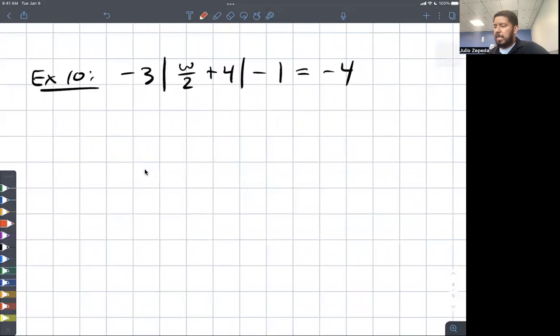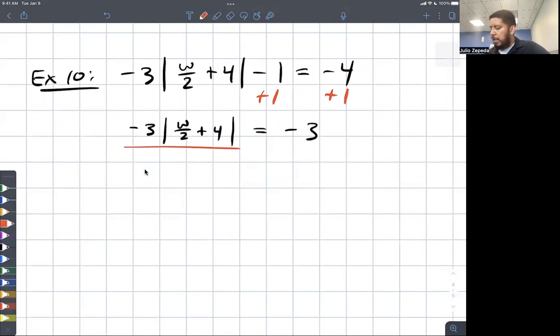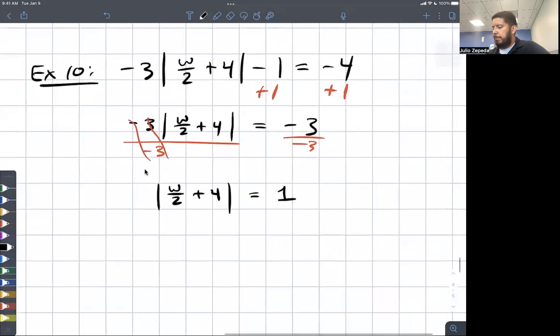Everything that's outside of the absolute value, let's get it all on the other side of the equation. So we can add 1 to both sides. We have negative 3 times that absolute value. Then we can divide by negative 3. And so we have the absolute value of w over 2 plus 4 is equal to positive 1.